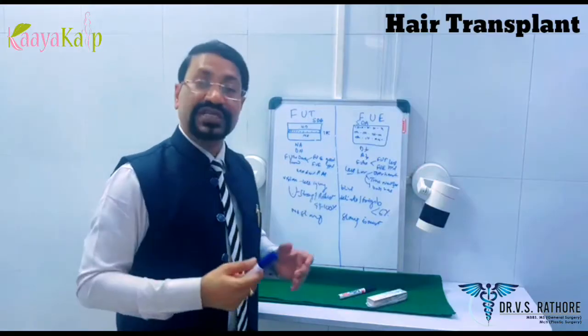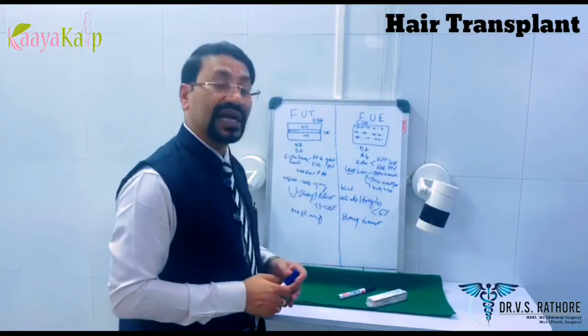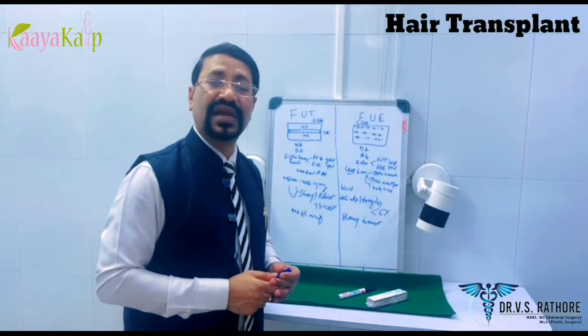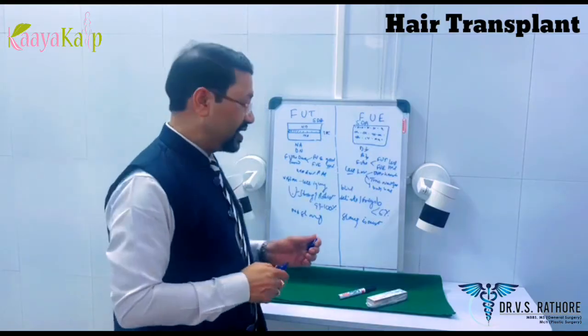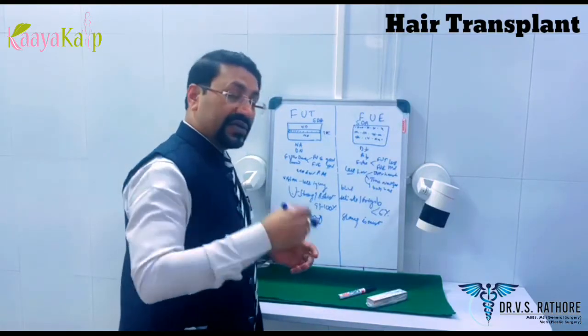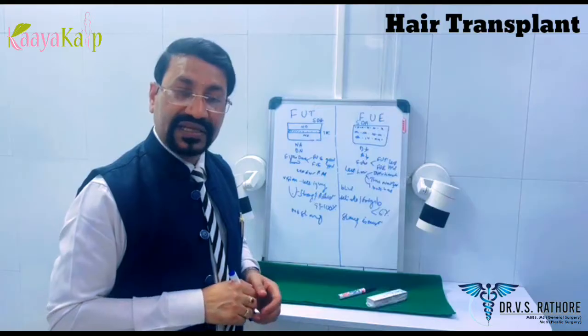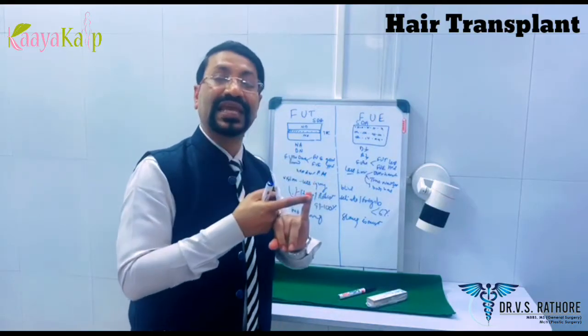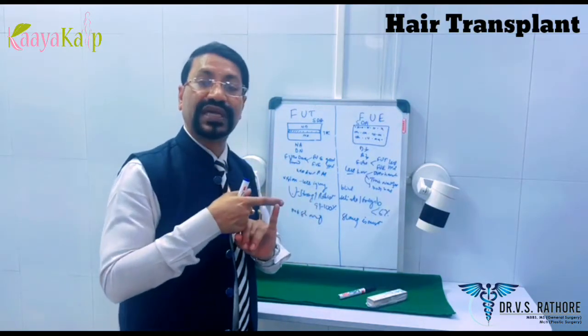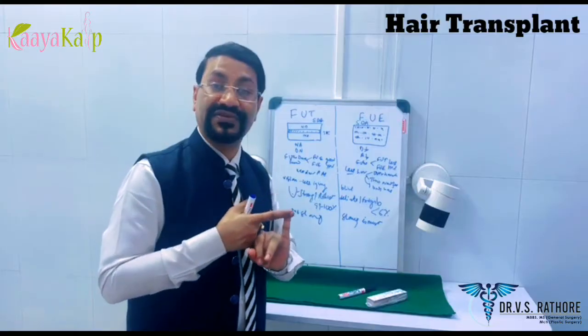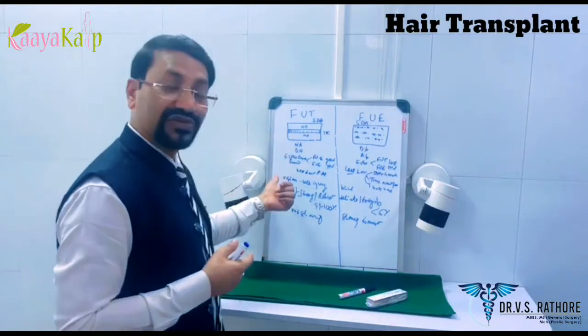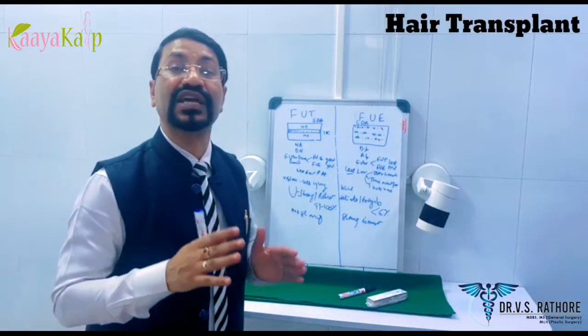Now, the question will come, then what are the advantages of FUE? Yes, there are definitely advantages of FUE. Since the trauma is less, the healing of the FUE donor area is in 7 to 10 days, while in case of FUT, healing time is 10 to 12 days.